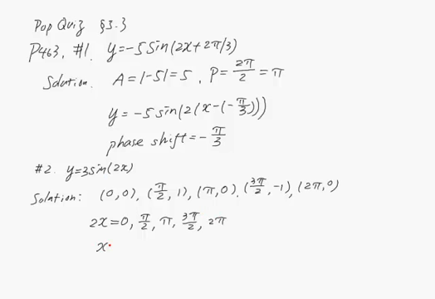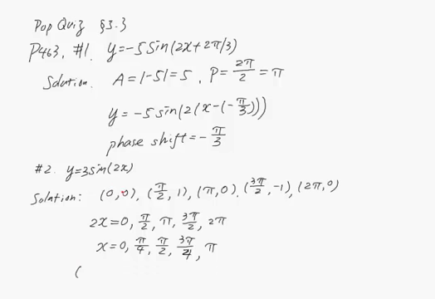So we got x equal to 0, pi over 4, half pi, 3 pi over 4, and then pi. And corresponding to these x coordinates, we have the same corresponding y coordinates. So we can form the 5 key points for y equal to 3 times sine of 2x.